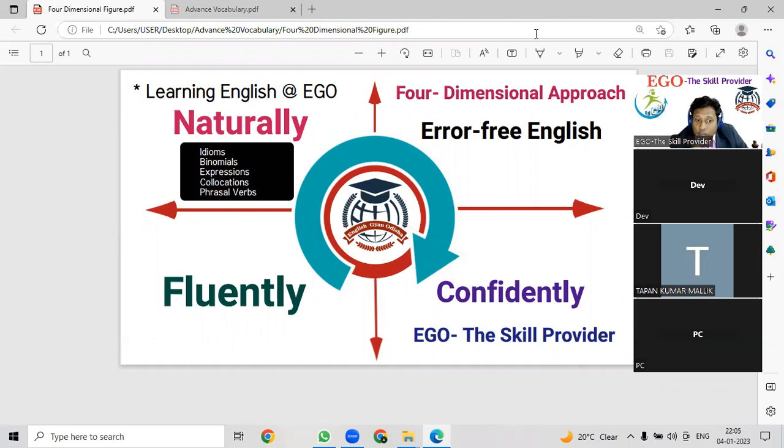Today I'm going to give you something on how you can speak English naturally. For that, I have listed eight very common, day-to-day idioms. I'm going to give you the meaning of each idiom and how to use them in different situations. So here you go.